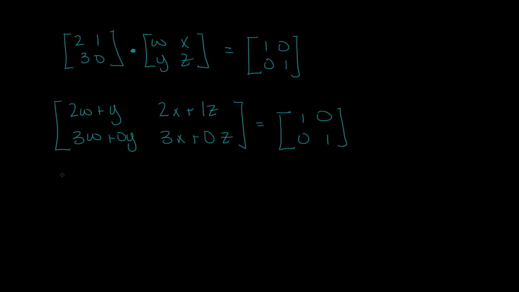Okay, now I'm going to pull each of these out. 2W plus Y equals 1. 3W plus, we don't have to do 0Y, so 3W equals 0. Then we're going to do 2X plus Z equals 0. And the last one is going to be 3X equals 1.